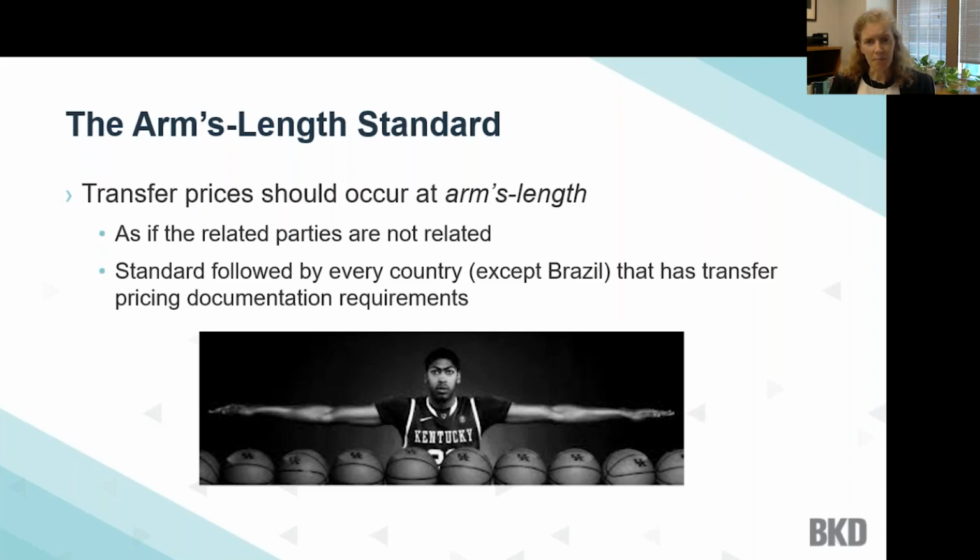That's why whenever we have clients with Brazilian tax needs, especially transfer pricing needs, we refer them to some of our contacts down in Brazil. But the arm's length standard really is the basis for all transfer pricing documentation.